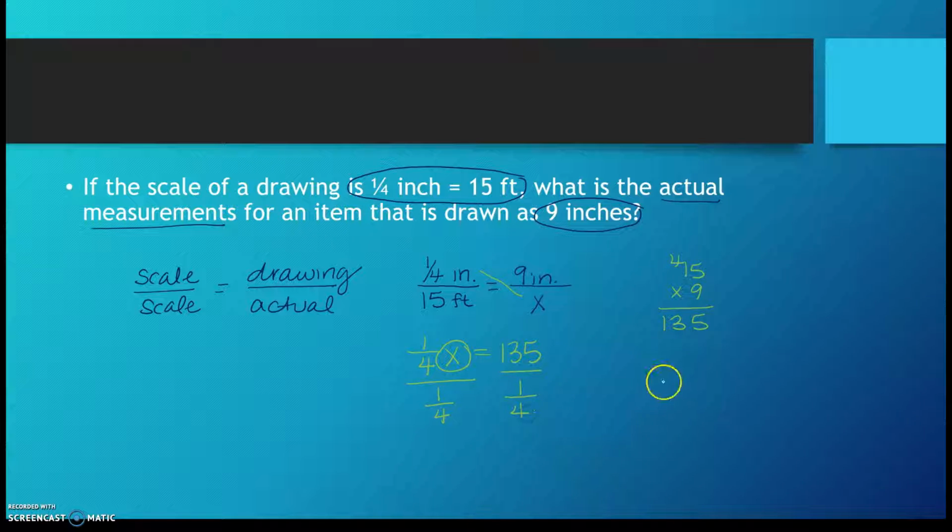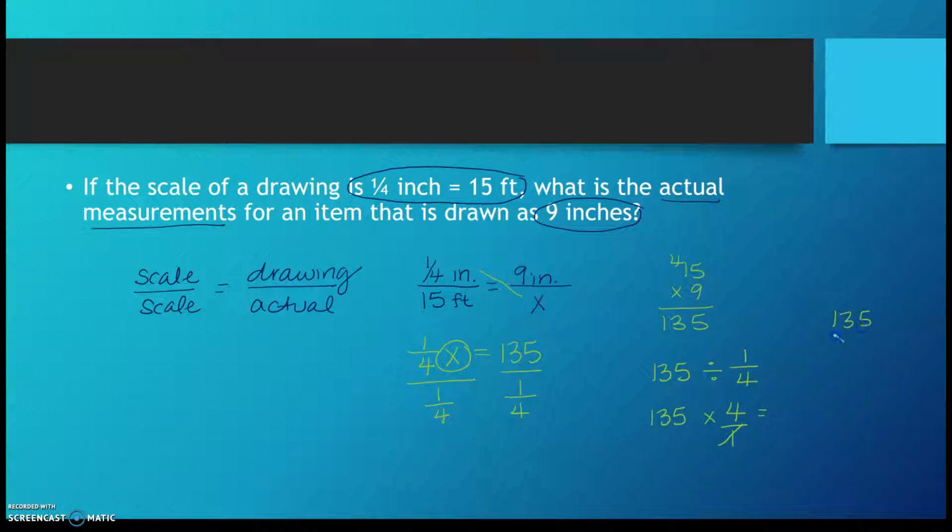Okay. So if you guys remember back, 135 divided by 1/4. If you're dividing by a fraction, we can change it to multiplying by the reciprocal. So now I can just take off the 1 and I'm going to multiply by 4.